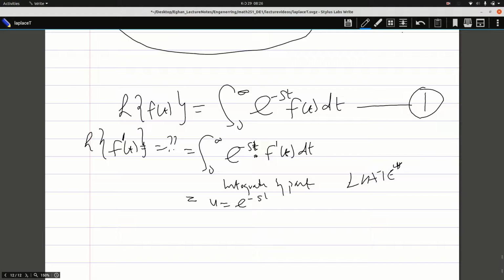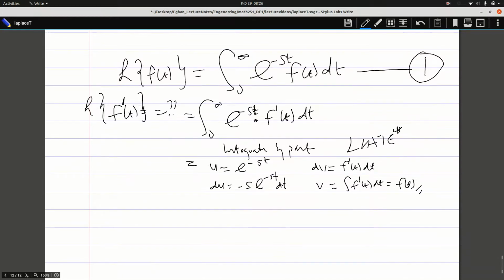It means my du is negative s times e to the negative st dt. And I set my dv to be the derivative. It means my v is the integral of the derivative, which simply reduces the order to f of t. Differentiation increases the order, integration reduces the order.